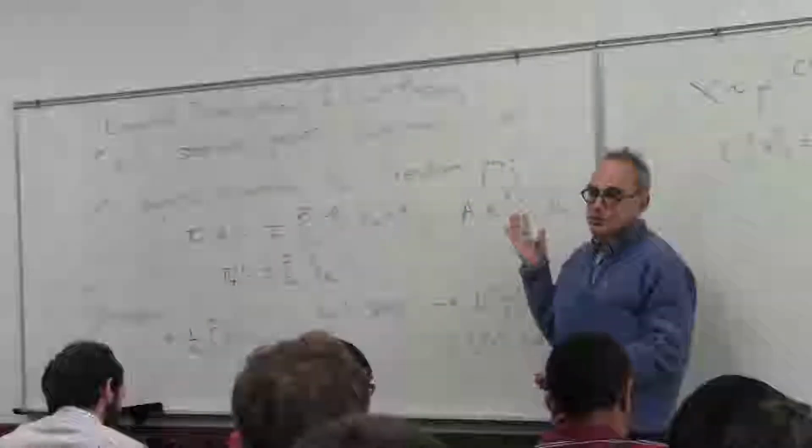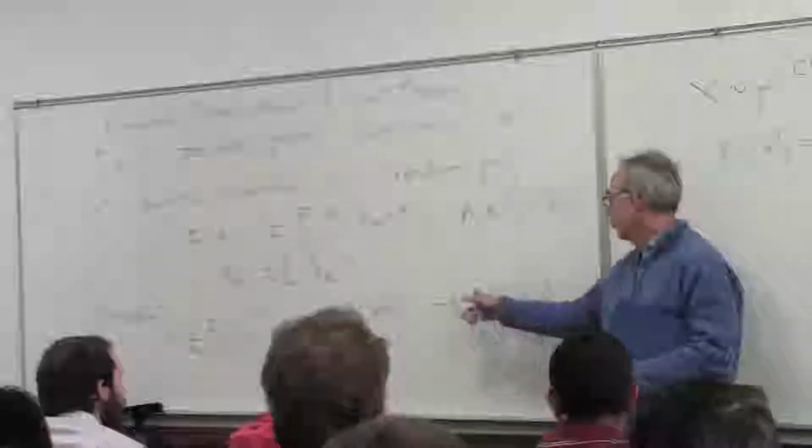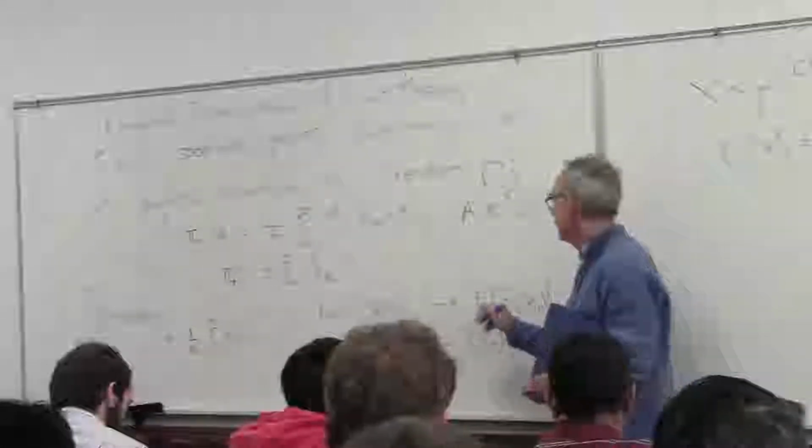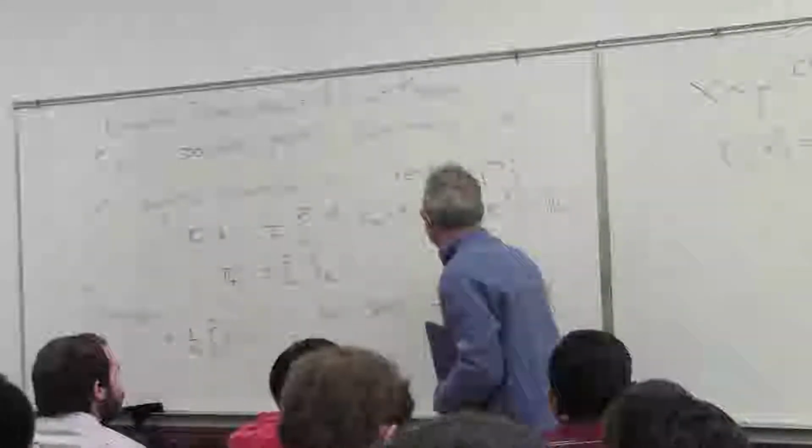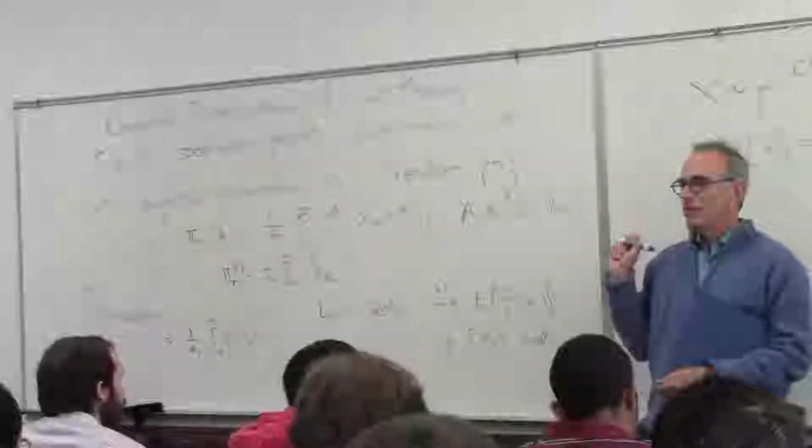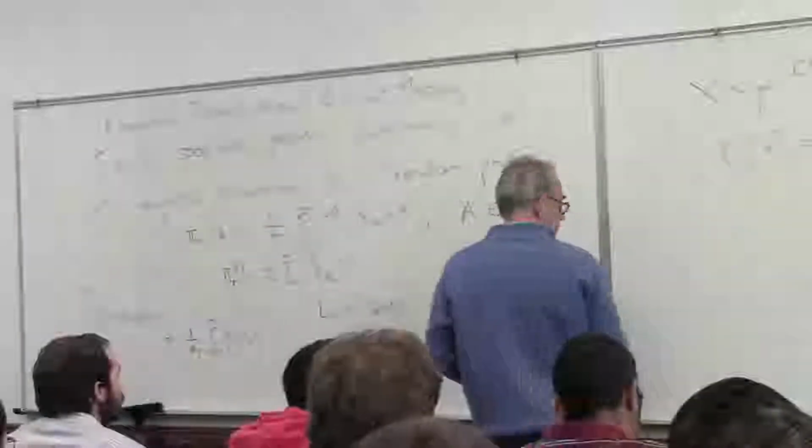So if this mean exists, the strong law of large numbers says that this will converge to this in the almost sure sense. And you can actually strengthen this a little bit more. So that's the first thing I'll just mention.